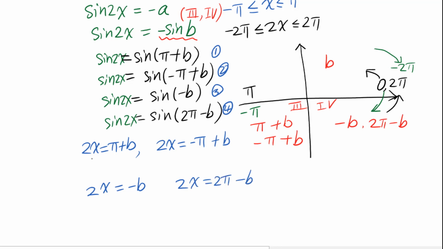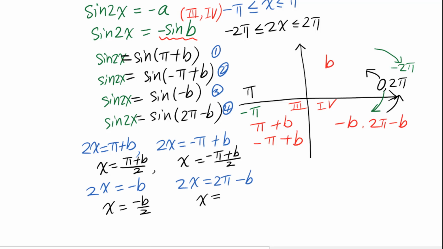Then we divide by 2 to get x equals pi plus B over 2. From this equation, we get x equals negative pi plus B over 2. For the third equation, we get x equals negative B over 2.